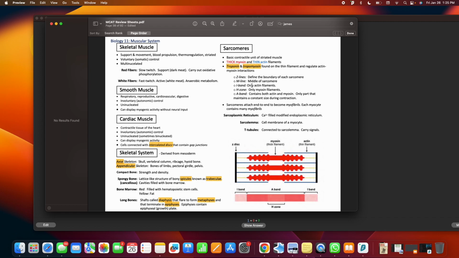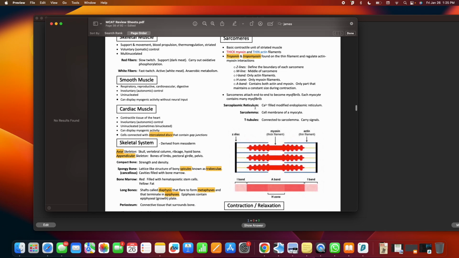Then we have the M line, which is the middle of the sarcomere. Then we have the I band and A band. So the A band consists of both actin and myosin, but the I band consists of thin filaments only, actin. And the H zone is only myosin filaments.